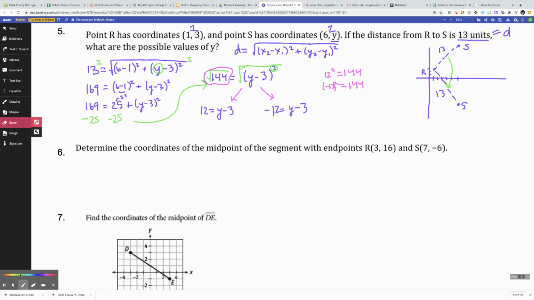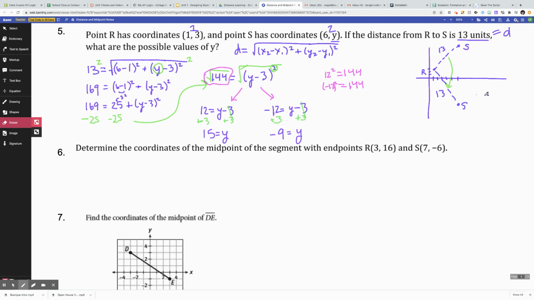Then my last step on both sides is I need to add 3 to both sides. Plus 3, plus 3. So that cancels out. What I end up with on the left, 12 plus 3 is 15, so one of the possible coordinates for y is 15. And negative 12 plus 3 is negative 9, so that is my other possible y value.